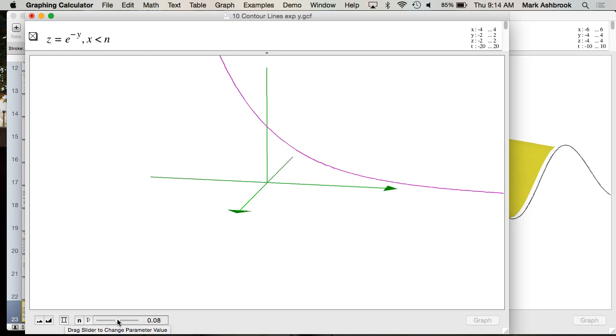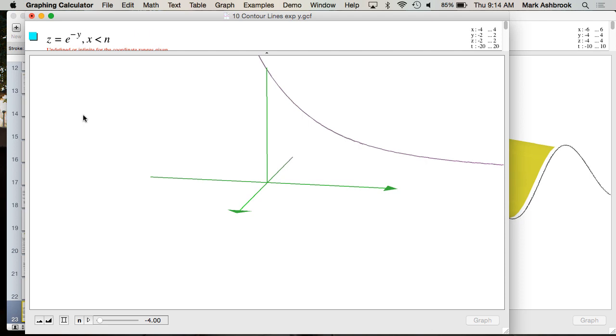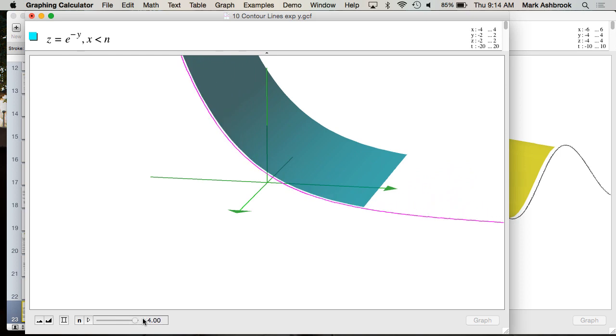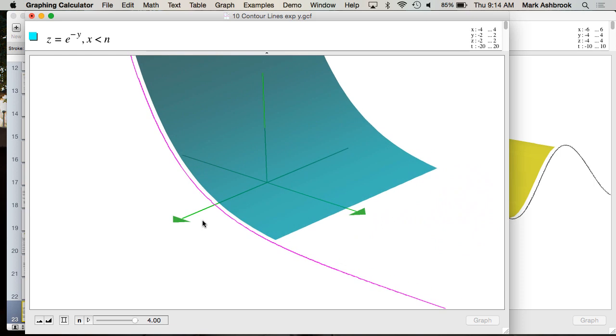That's orthogonal to the plane. Like this. And when I do that, it sweeps out a surface. That's the cylinder, z equals e to the minus y, or the cylindrical surface.